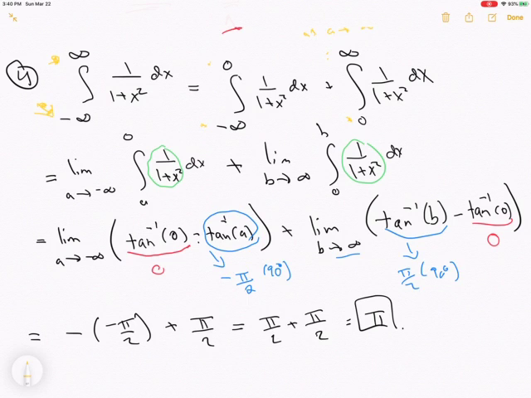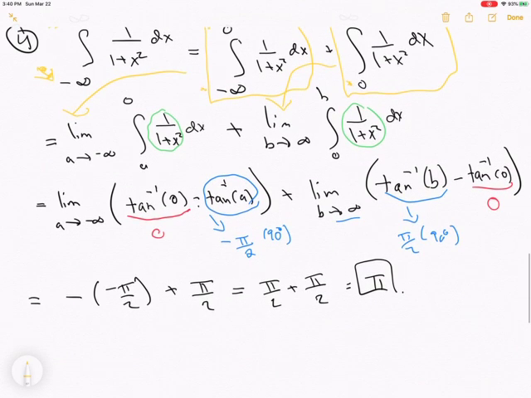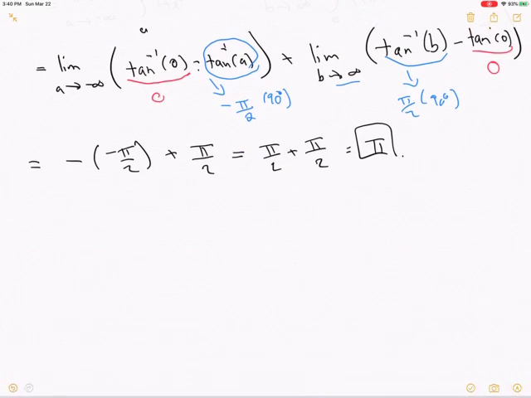And then each of these integrals here, you do formally by taking the limit. So that's this next step here. Each one of these requires you to take a limit over a finite interval. And when you're doing these over the finite interval, you just use the fundamental theorem of calculus. And then you still have to take the limit, but when you take the limit, things cancel out nicely.